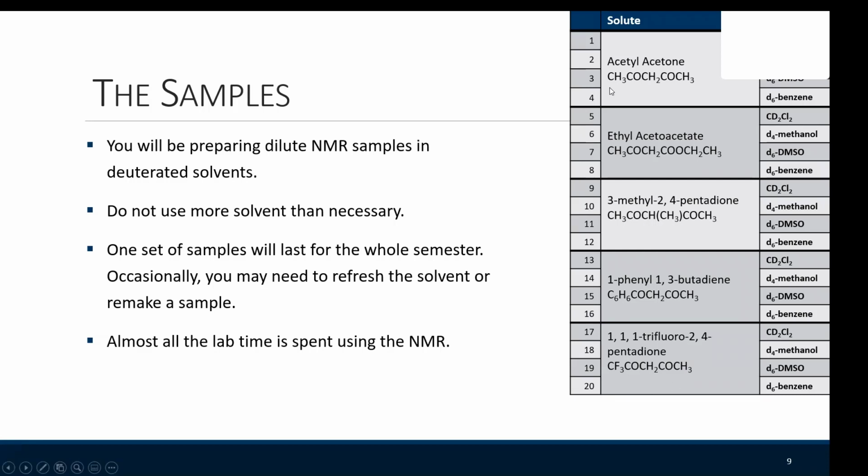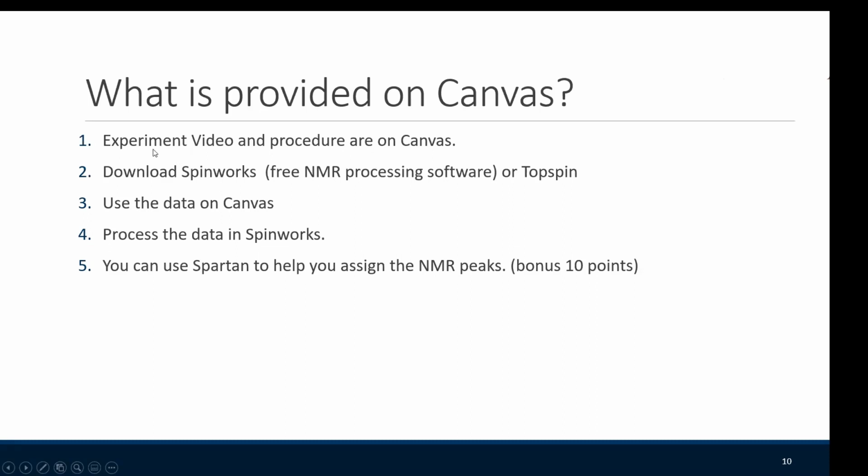I want you guys to analyze all the spectra and figure out the equilibrium constant for each of them, and then you may find out the chain of the effect of the solvent, the structure, and the substituent to the alpha carbon. On Canvas, there is an experiment video and procedure, and make sure you download SpinWorks.